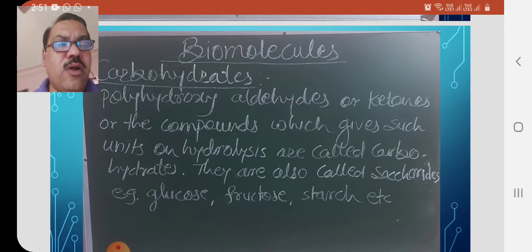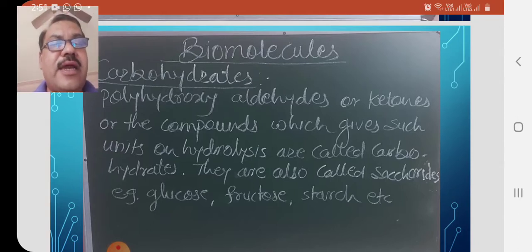So any molecule which on hydrolysis gives polyhydroxyaldehyde or polyhydroxyketone is called a carbohydrate, and polyhydroxyaldehydes or ketones are also called carbohydrates. Carbohydrates are also called saccharides, and therefore in the classification you can see they are classified as saccharides. So the second name of carbohydrates is saccharide.